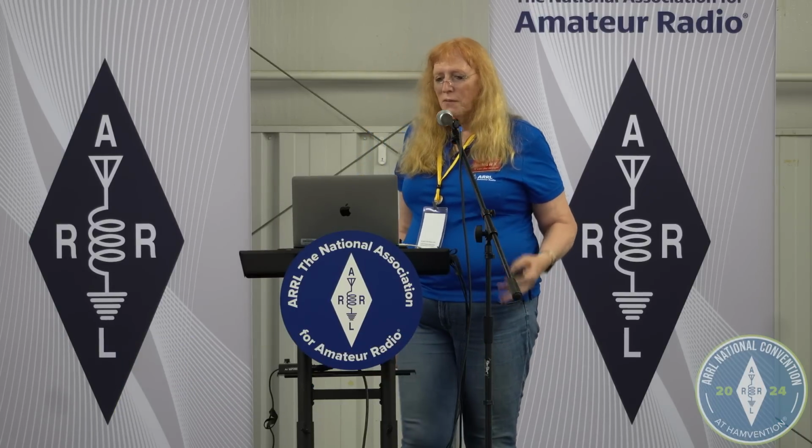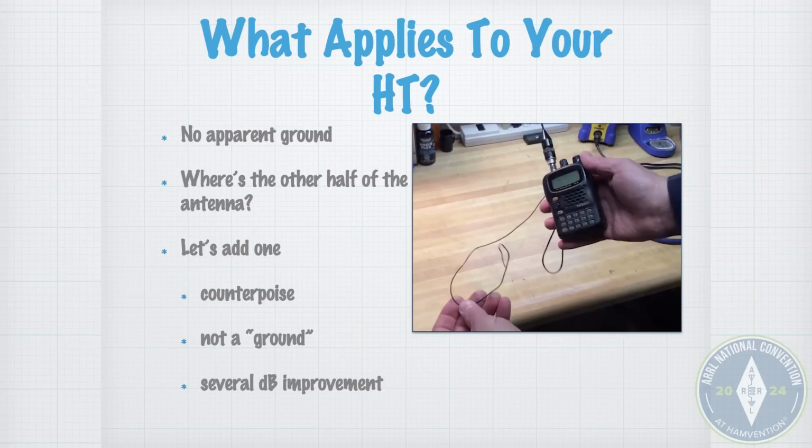And all this stuff also applies to your HT. If you have an HT, there's no ground except for you. You're the salty water bag, and you're actually providing the other half of the antenna, and not a very good one at that. So you want to make it more efficient, that is, add a real counterpoise at a quarter wavelength.